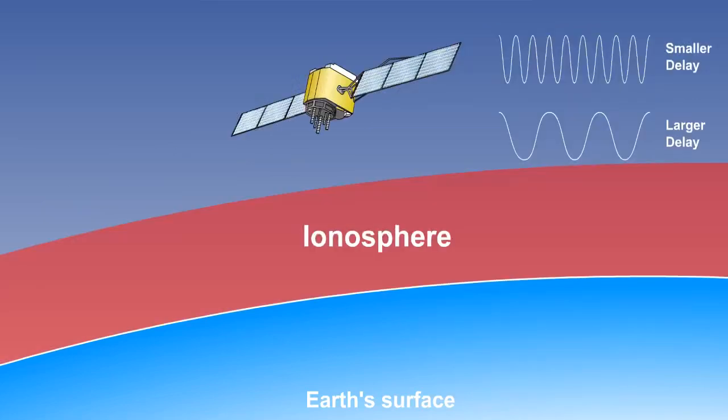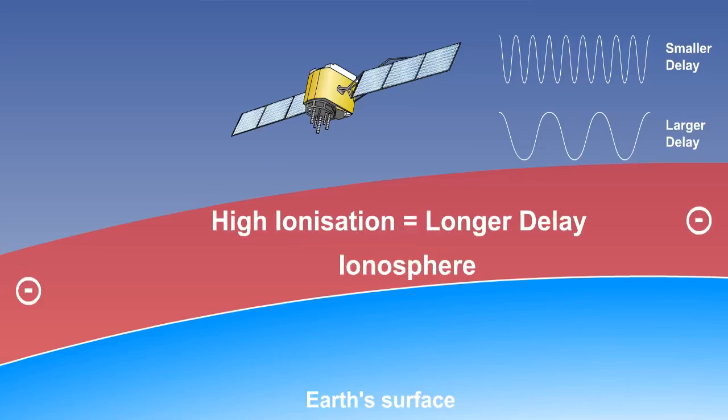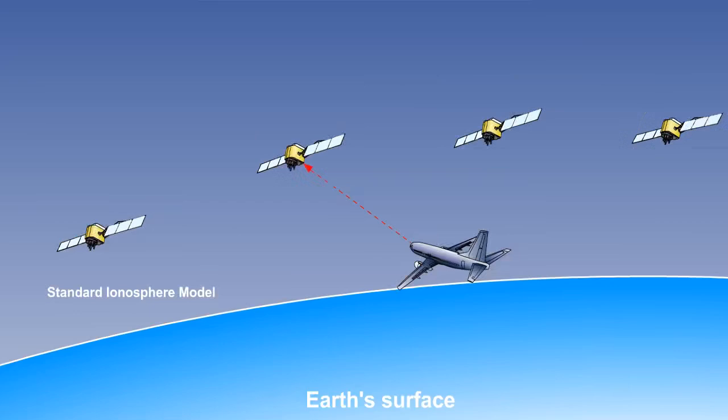Ionospheric propagation error occurs because the ionized particles in the ionosphere cause the radio energy of the satellite transmission to be slowed down. This is dependent upon the level of ionization and the frequency of the radio waves. The higher the frequency, the smaller the delay. The higher the ionization, the greater the delay. The receiver contains an average model of the ionosphere, which is used to make time corrections to the measured time interval.